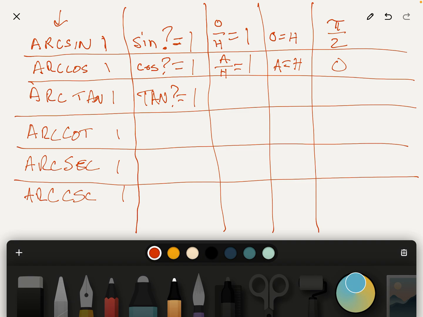Well, that's when the opposite over the adjacent equals 1, or O equals A. Oh yeah, that's when you have a 45-degree angle, or pi over 4.